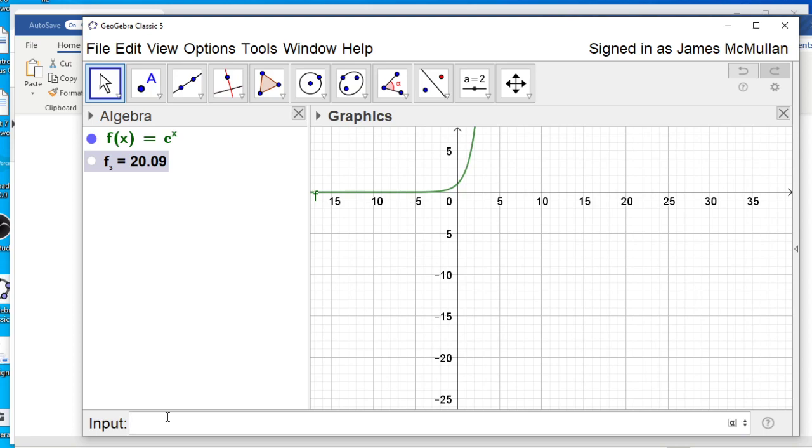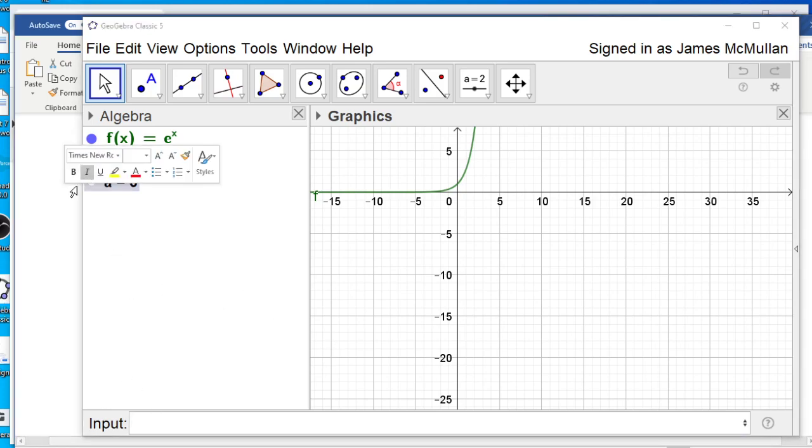I probably will, because no one told me this when I learned it the first time, and it just stuck with me. But you're supposed to say natural logarithm, right? So the natural logarithm, if I take the natural logarithm of 20.09, I get my 3 back. Okay? So whatever you do with e, you can undo with the natural logarithm button.